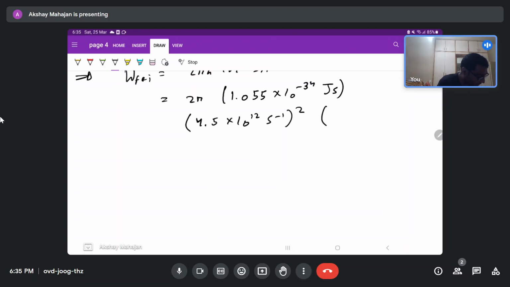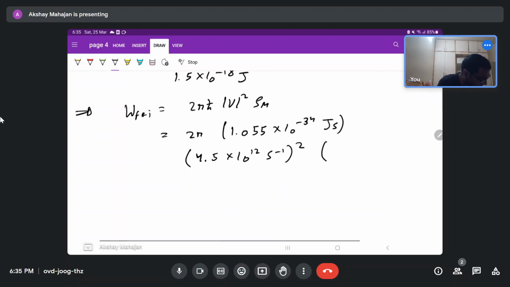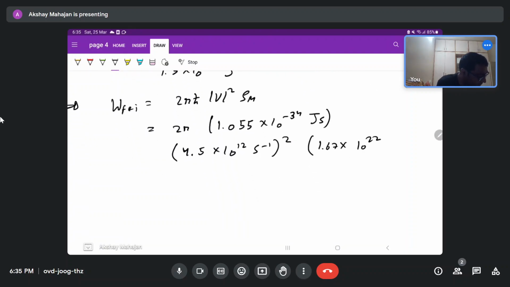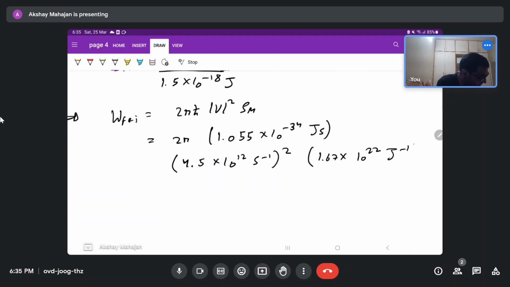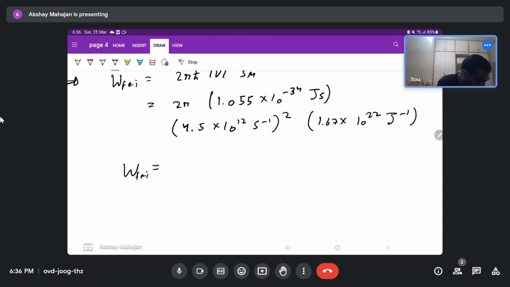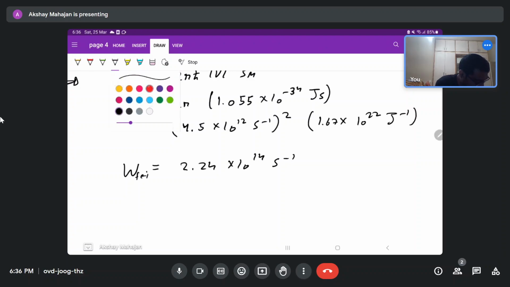And then we have our rho m, which we just calculated, 1.67 times 10 to the power 22 joule inverse. Alright, so we can calculate, and what we get for this transition rate W from the initial to the final state is 2.24 times 10 to the power 14 second inverse. The units are correct. The 2.24 times 10 to the power 14 second inverse will be our answer.